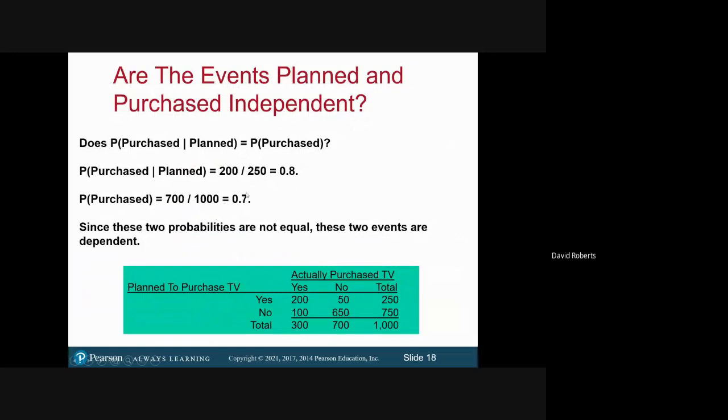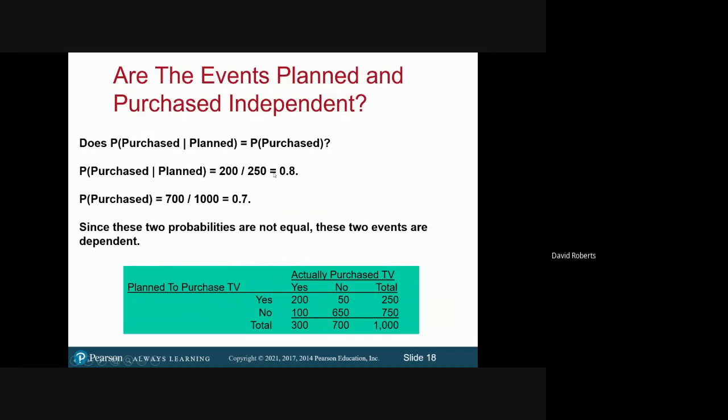As I said earlier in our little presentation, the percentage of people who plan to buy the TV and actually purchased it was 80%. The percentage of people who didn't plan to buy a TV but purchased, the no column, was 70%. And that also tests for independence.